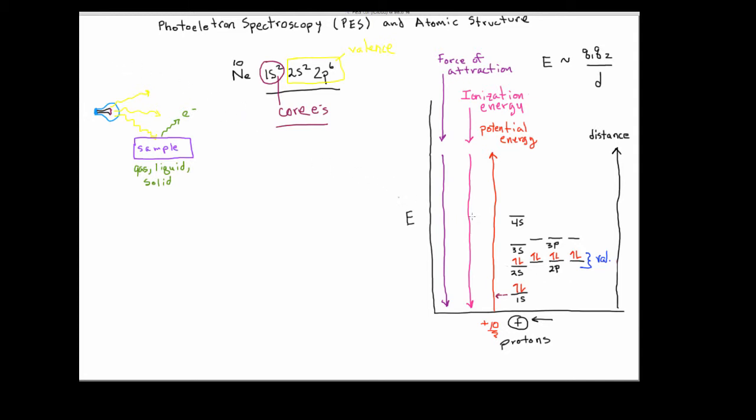I do want to emphasize that the way I've drawn this diagram is true for elements between 1 and 20, so from hydrogen to calcium. We will learn in subsequent presentations that the energy arrangement of these orbitals is going to fluctuate a little bit when we get out here to the point where we introduce the 3D elements or the 3D suborbitals.